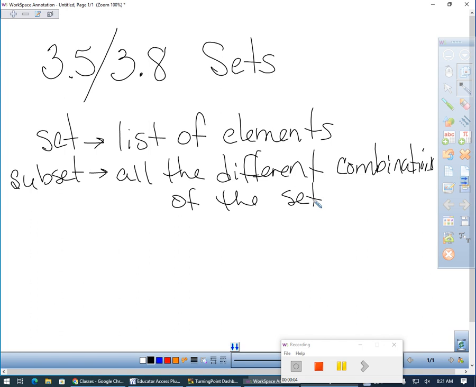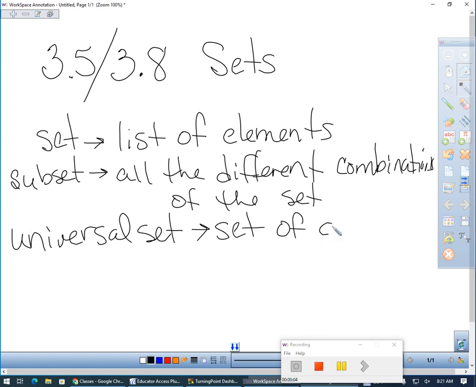The second vocabulary word, I guess the third vocabulary word I want to say, is universal set. A universal set is the set of all the elements.